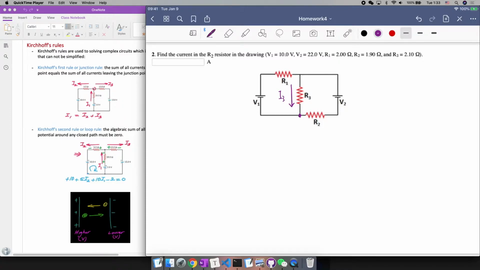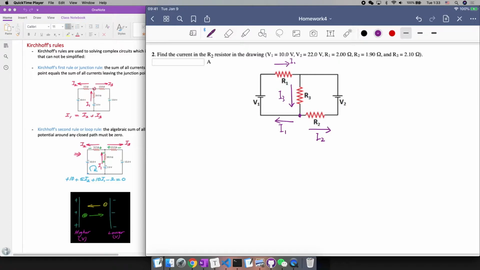And then the current is gonna become these two currents. I'm gonna name them I2 and I1. Why would I name it I1? Because it's gonna go all the way here.